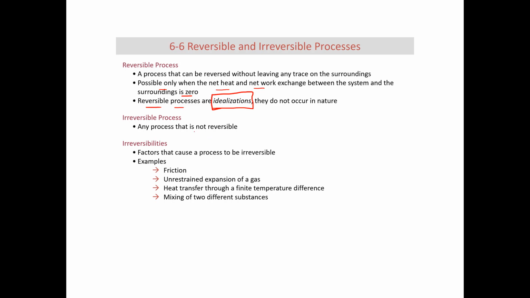An irreversible process is any process that is not reversible, and these are the ones that usually do occur in nature. Factors that cause a process to be irreversible include friction, unrestrained expansion of a gas, heat transfer through a finite temperature difference, or the mixing of two different substances. All of these cannot be undone unless some work is put back into the system.